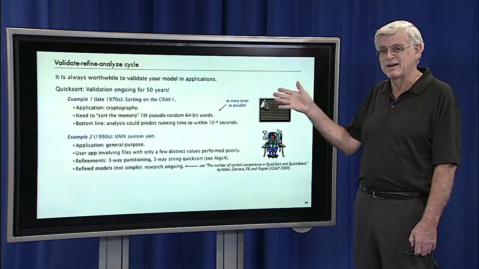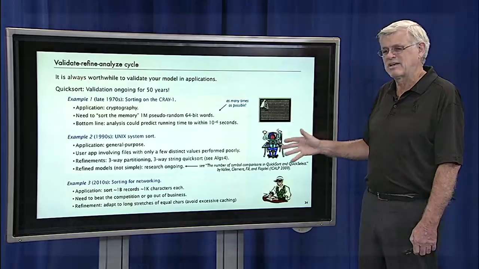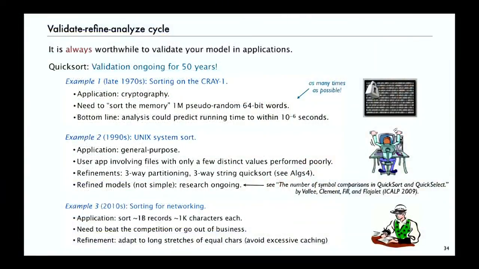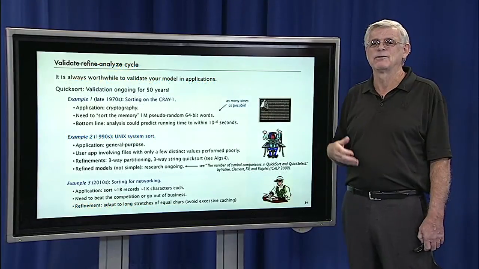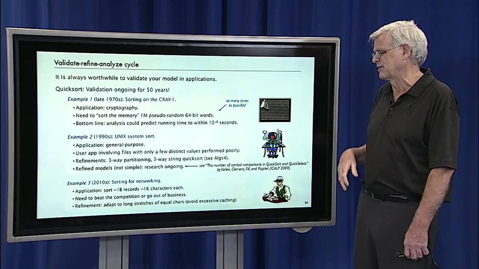Let's try to get a model that reflects what's seen in applications. And that's ongoing. Just recently, I was contacted by a colleague who's working in a networking startup. And what they need to do is sort 1 billion records that are about 1,000 characters each. That's substantial, and they had to do it fast, or their competition would beat them, and they'd go out of business.